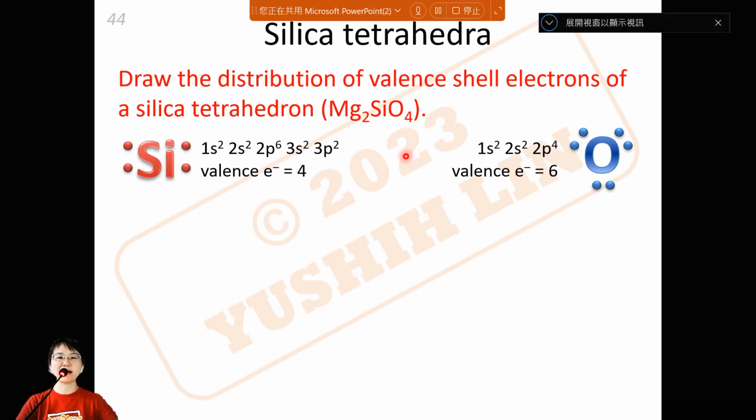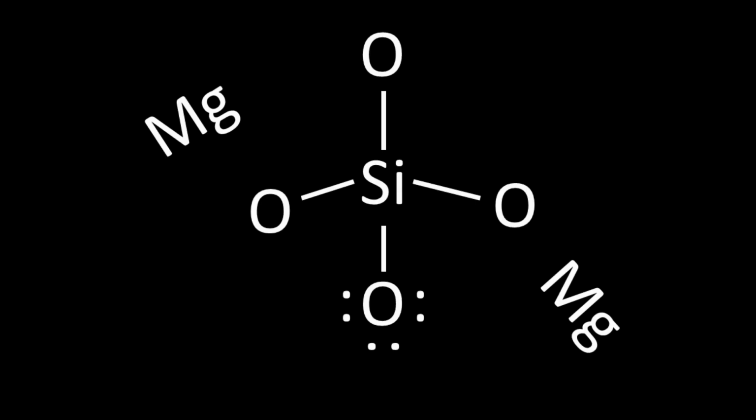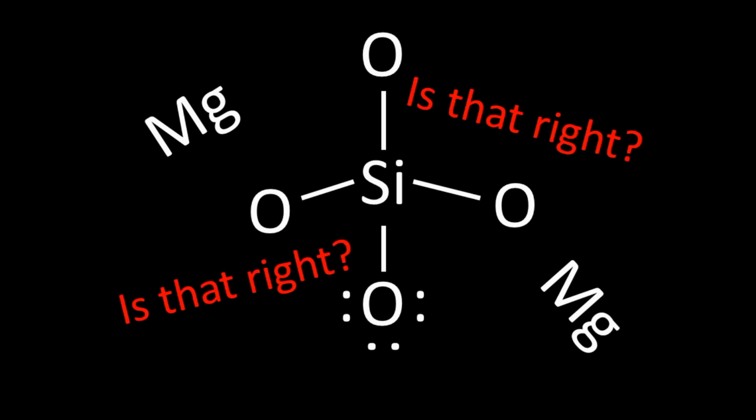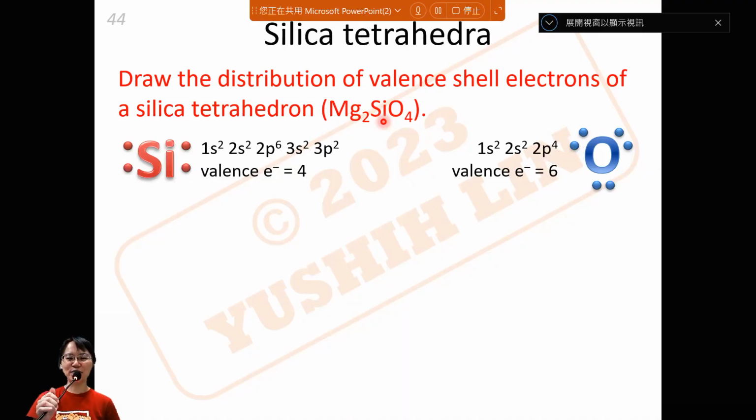Can you draw the valence shell configuration for the whole thing? Magnesium silicate. Not a single atom, but the whole molecule, like the way you draw for CO2. Every atom you see here needs to be an octet. Does anyone want to provide some correction for this?